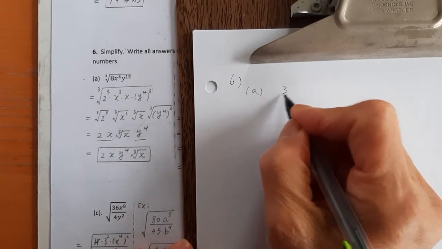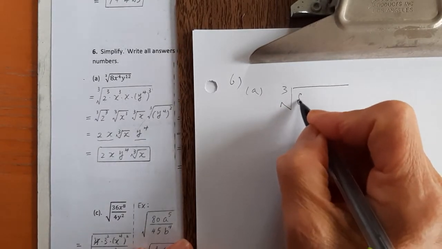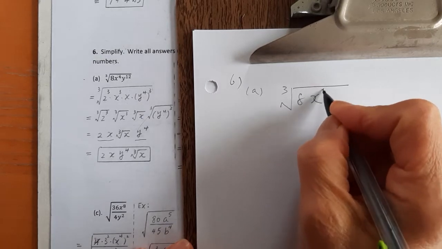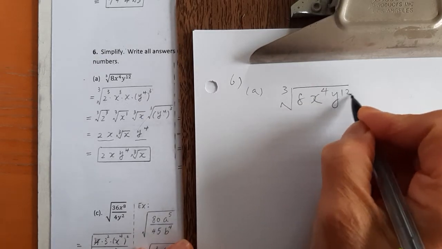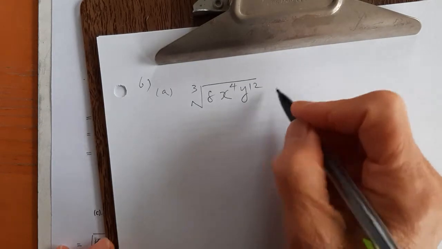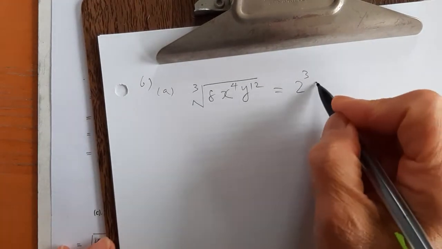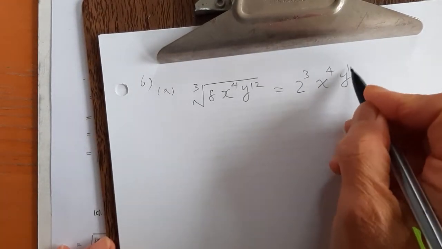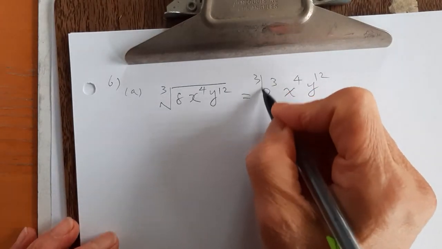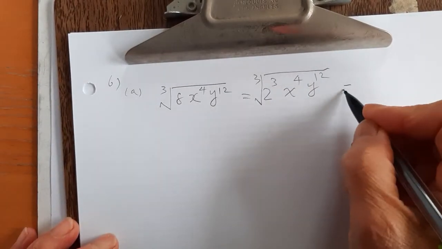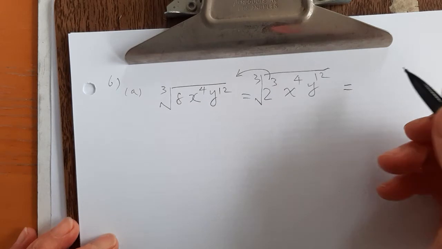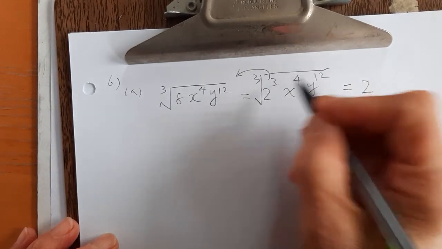It's cubic root of 8 x to the power 4 y to the power 12. So this 8 is 2 cubed, x to the power 4, y to the power 12. Take cubic root. So the quick way is this can go out, get 2, 3 over 3.